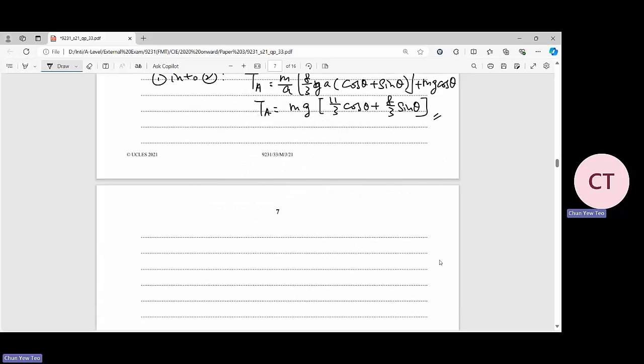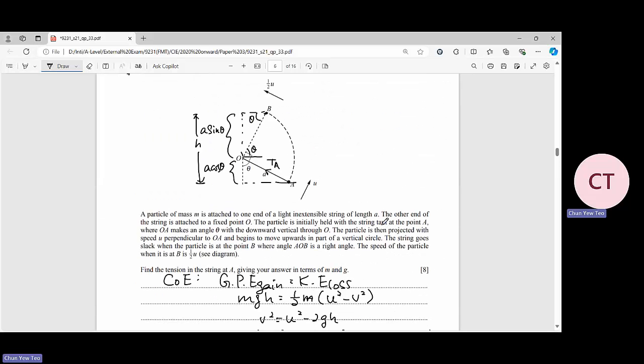Now we go for the B. At B, you have the TB plus the mg sin theta equals to the mv squared over A. This is the B, this is your mg, this is your tension at B, and this is the theta.